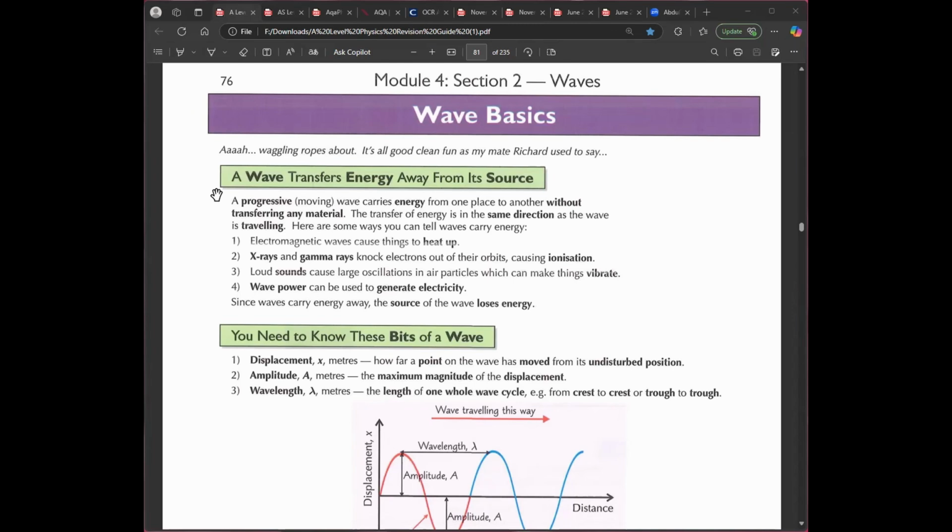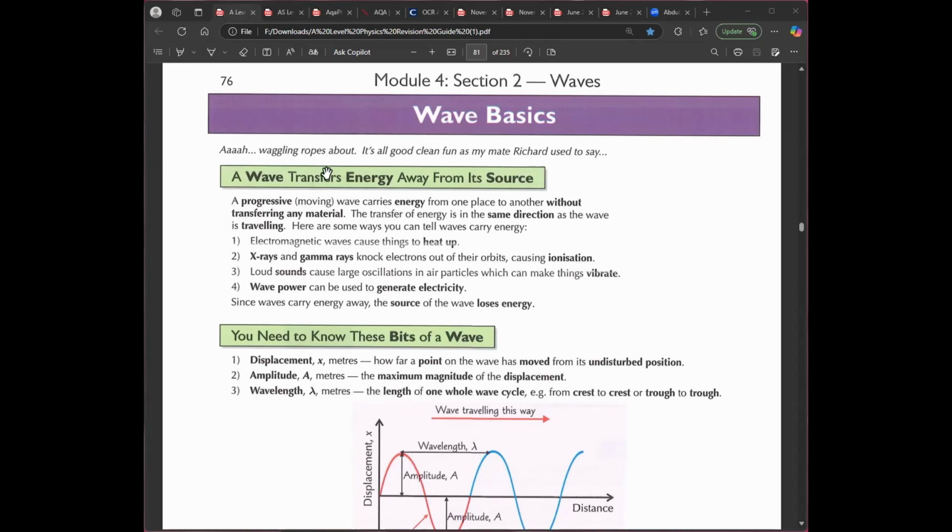For example, if you disturb water, the wave starts from that point, and the particles vibrate along one axis, and the wave travels perpendicular to that, which means the energy travels perpendicular to that, and it causes disturbance in the adjacent particles as well. So a wave transfers energy away from its source. That is what I explained.